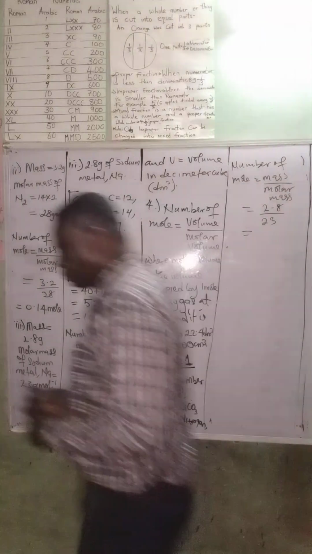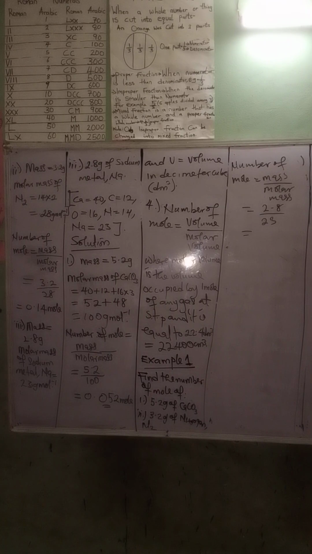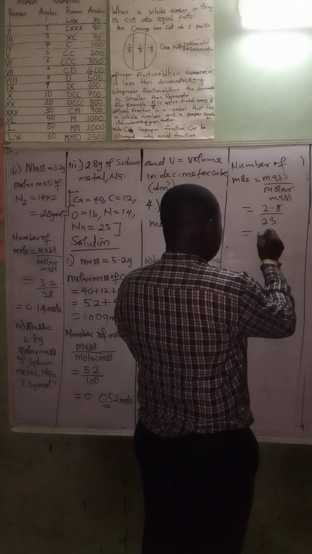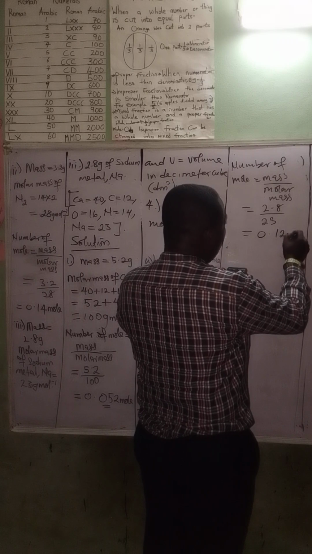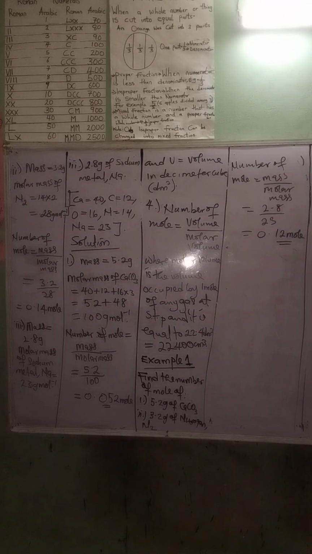So we now have 2.8 divided by 23. So our answer is 0.12 mole. Don't forget to always put SI units.